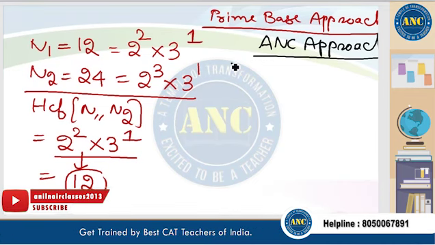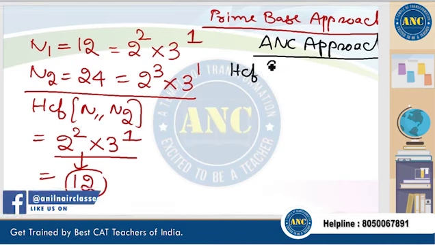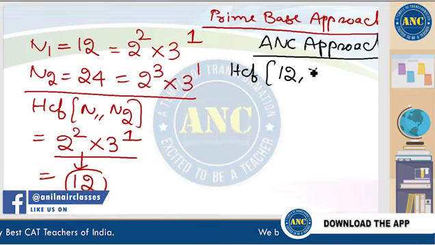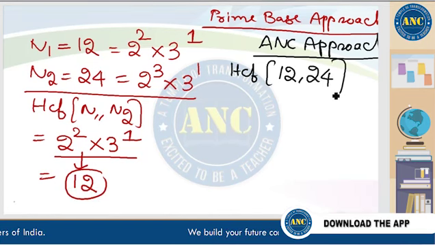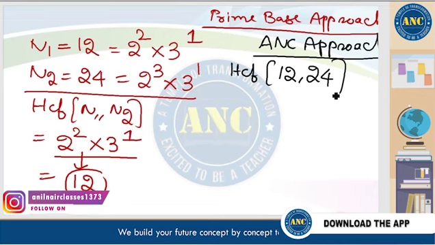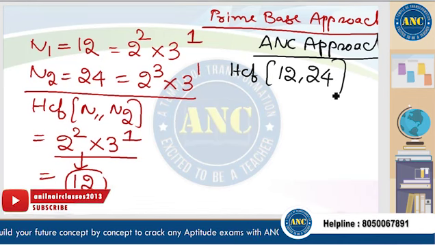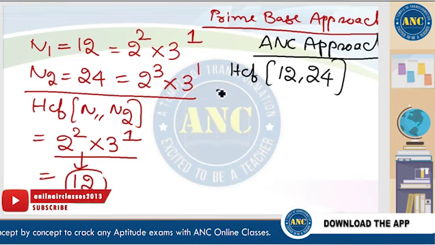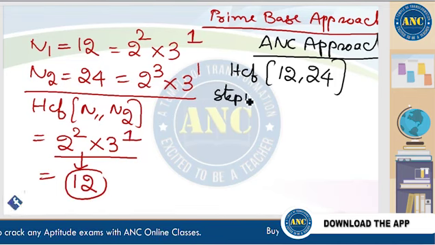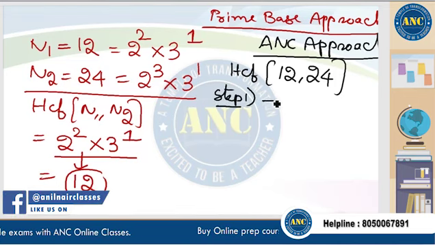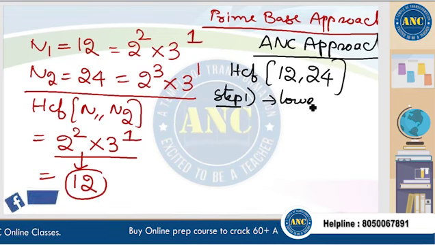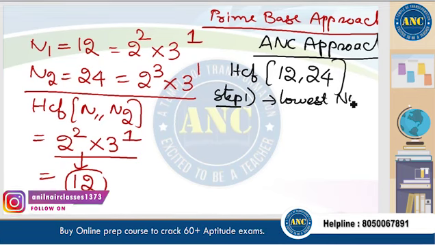ANC approach. HCF of, same thing, I will tweak it. HCF of 12, 24. Listen carefully. Step number 1: take the lowest number in the given numbers.